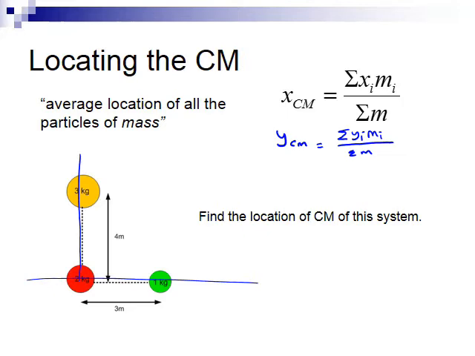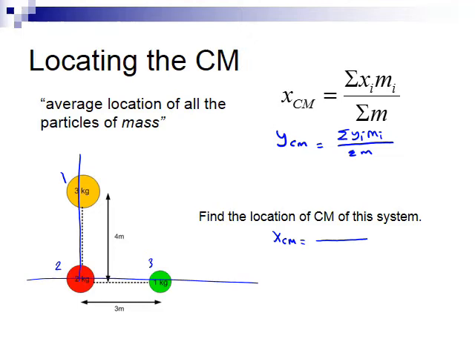Now let's find the x-coordinate of the center of mass here. So let's call this one object 1, object 2, and object 3 right there. Now the horizontal distance of object 1 to the origin is 0, and object 2 is also 0.